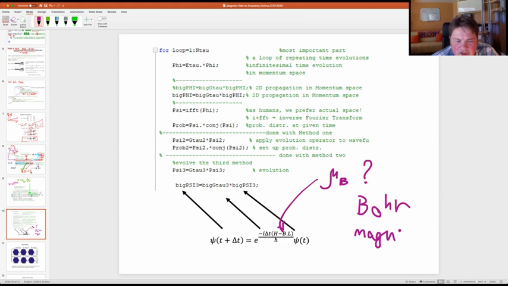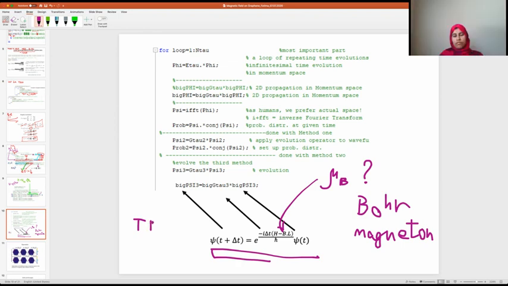So what's the name for this procedure? Which procedure? Solution of time-dependent Schrödinger equation by evolution operator. Would it be correct?